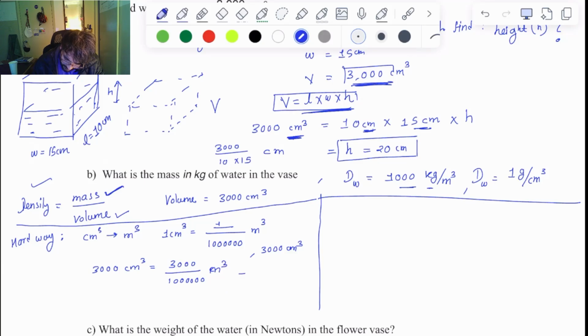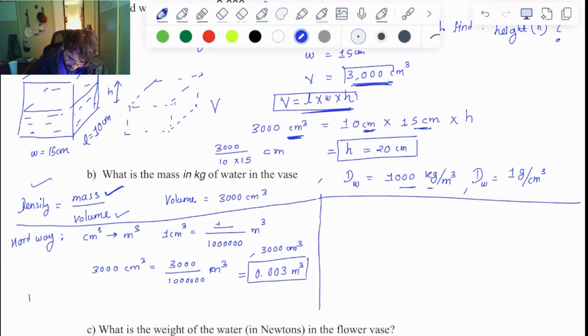That will be equal to 0.003 meter cube. So now we have the volume in meter cube.